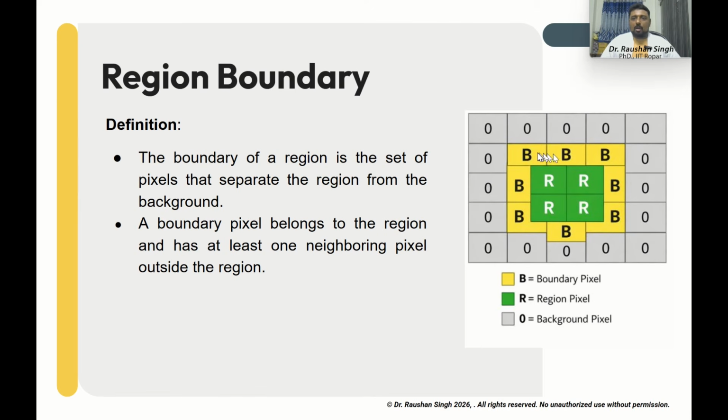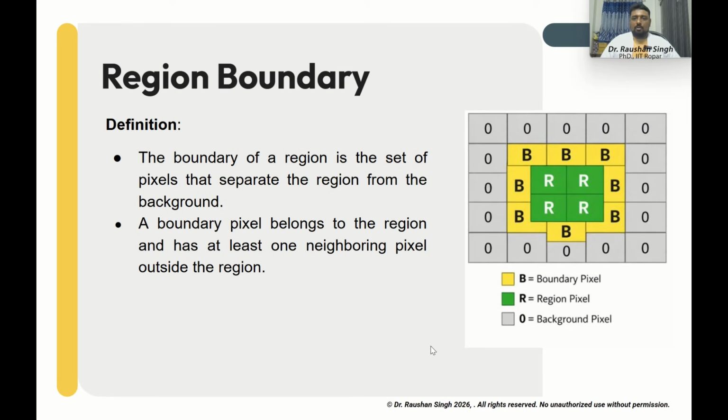Then this boundary should have at least one pixel that belongs to the region, there should be a similar one. The boundary pixel belongs to the region and has at least one neighboring pixel outside the region. From outside the region you can see that one pixel is there, and after that, whatever is coming is not the same.